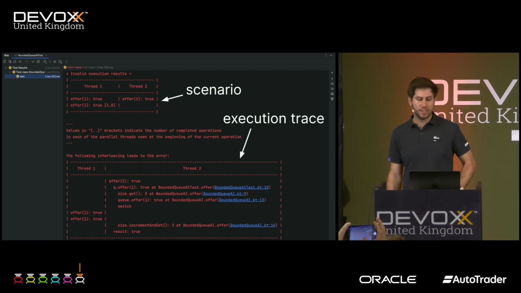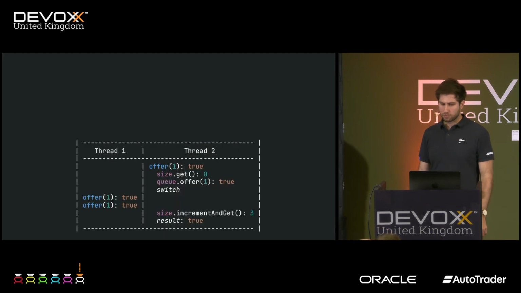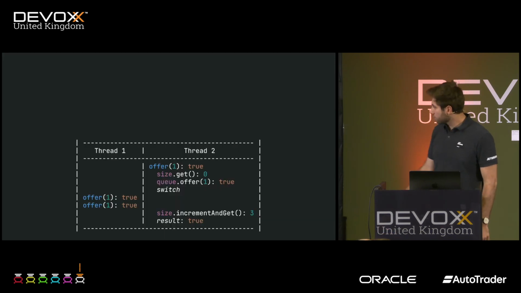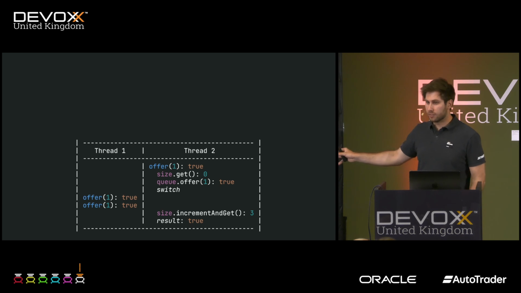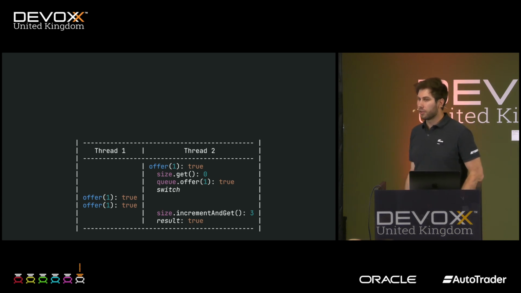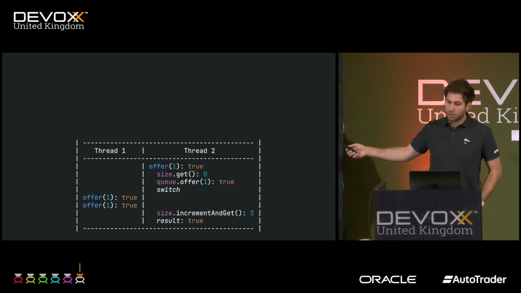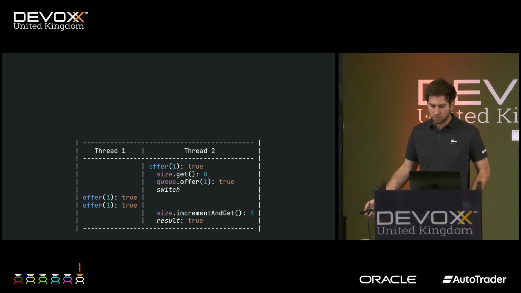And now we can easily understand what happened inside the implementation by following this execution trace. So I shortened the execution trace, removing the code locations, because we don't really need them on the slide. And let's try to understand the bug following this execution trace.